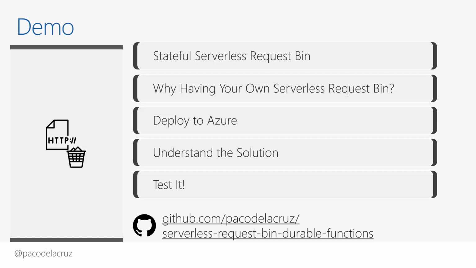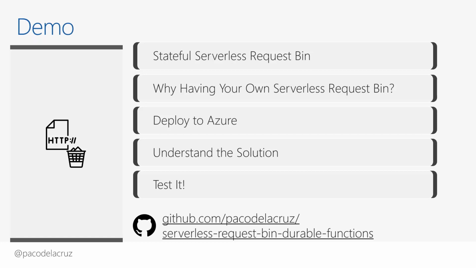You could potentially deploy your own request bin in your own container, and then you would only have access to that container. The main problem with that is that if you do it using Azure Container Instances, you would need to be paying for that request bin even if you're not using it.